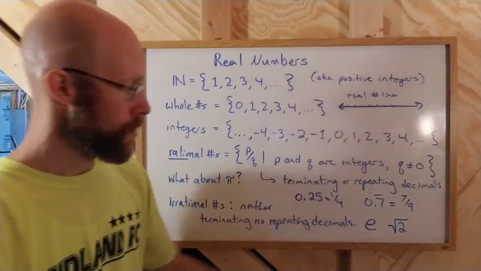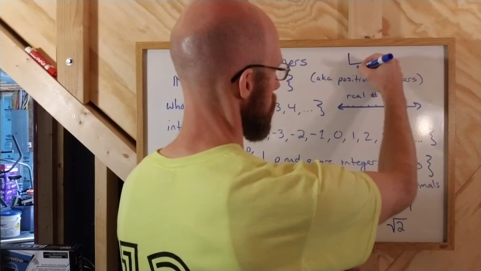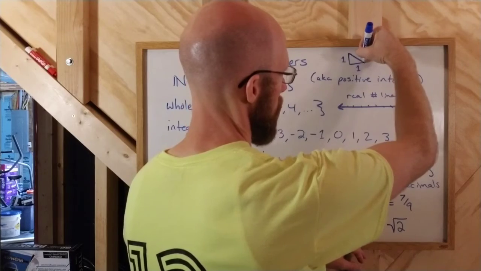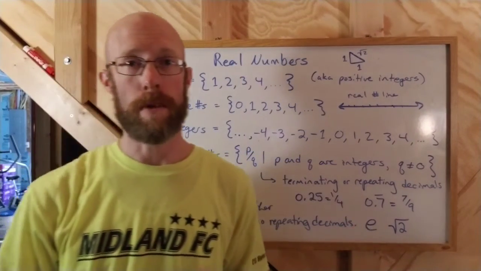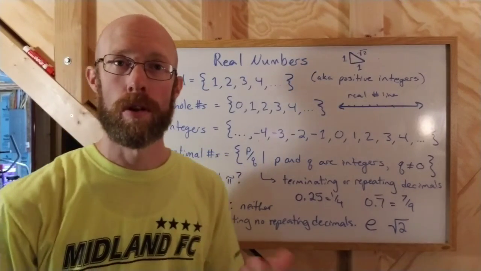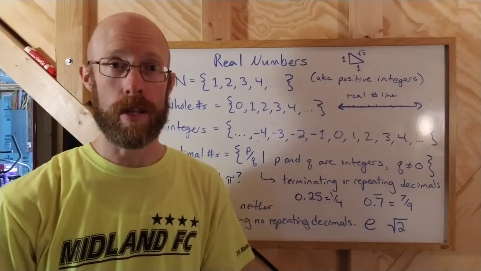If you had a right triangle with two sides each of length 1, then the hypotenuse is length square root 2. So a lot of these show up in geometrical applications, and you get some pretty cool behaviors and properties associated with them.